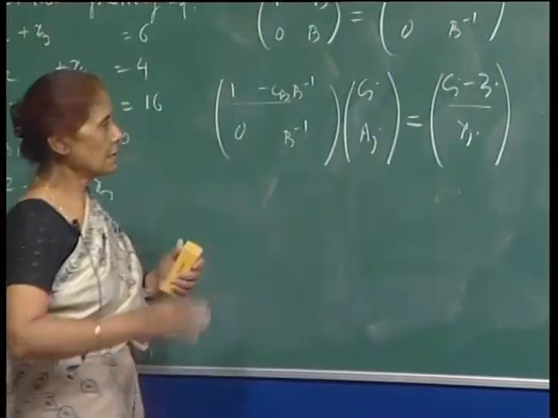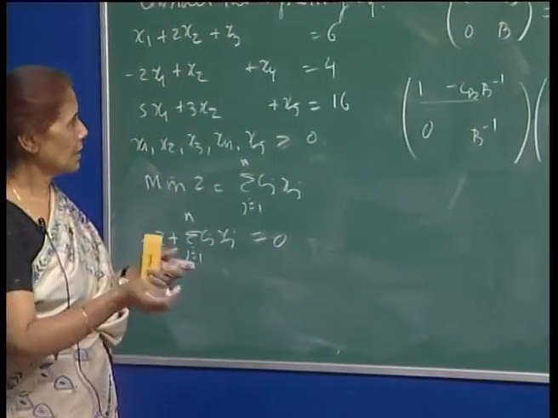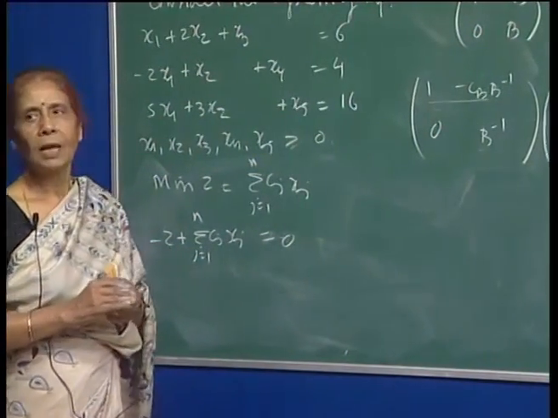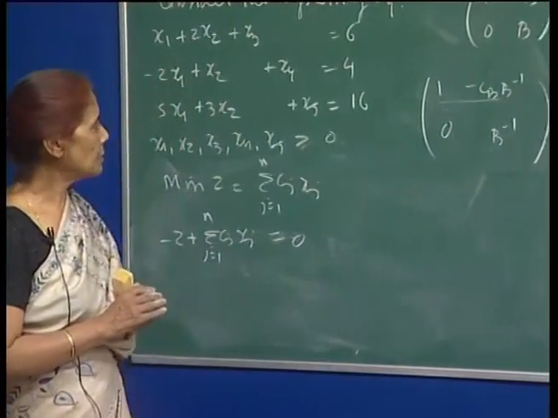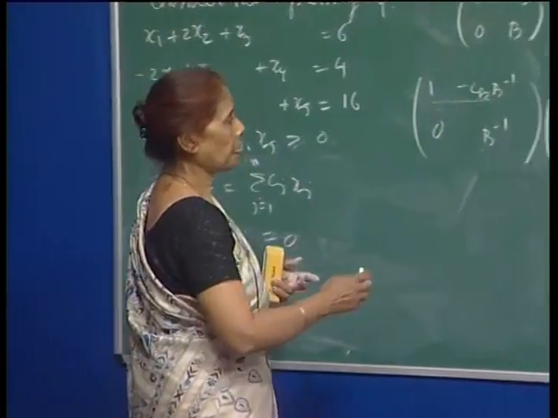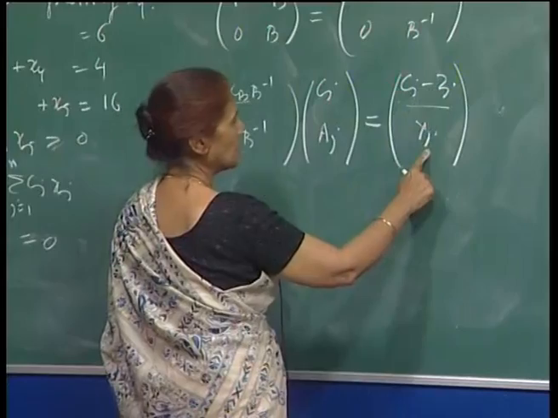Yes, maybe I have been a little hasty here, but we can keep going back to the calculations, and so there should be no problem, in the sense that this is Cj minus Zj over Yj.